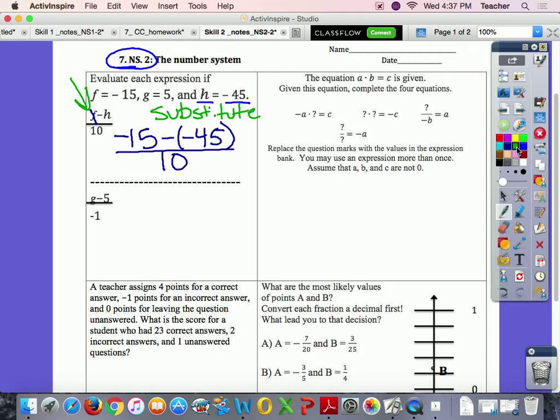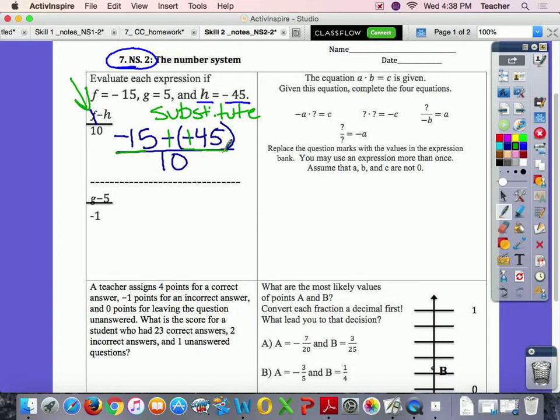So now we have to kind of throw it back to the last review, and we are talking about subtracting. What do we do when we see subtraction? Additive, good. Inverse. So now we have an addition problem, but with a negative and a positive number. So what do we need to do?